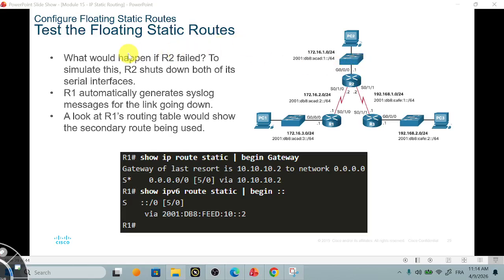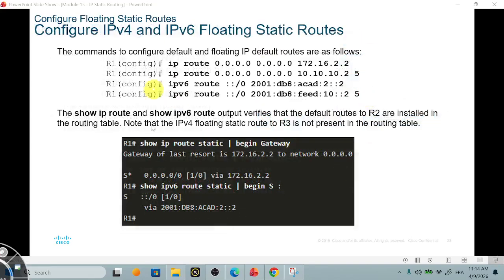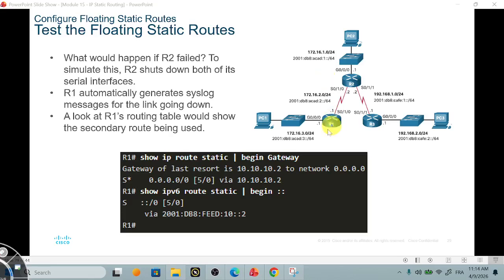Test the floating static route. What would happen if R2 failed? Here we have configured them, and remember, we are configuring floating static routes. What happens if R2 fails?